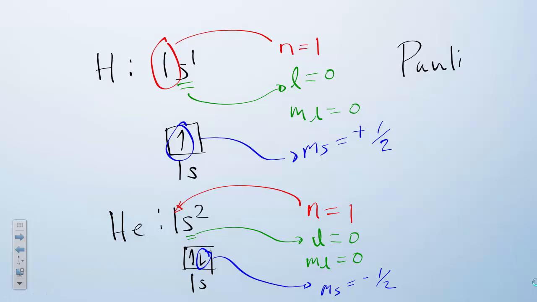So as we go now to talk about lithium, we remember back to our order that we had a moment ago on the slide, which was the orbitals were going to increase from 1s to 2s, 2p, 3s, and so on. Well, what we've just done with hydrogen and helium is we have filled up the 1s orbital.